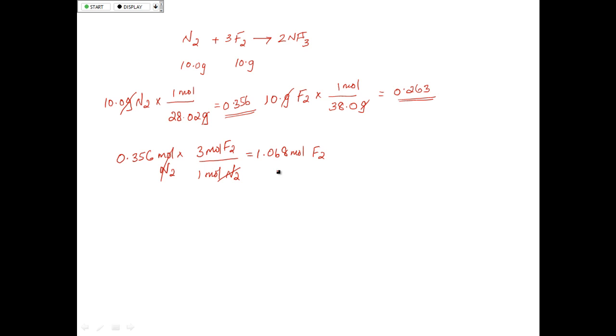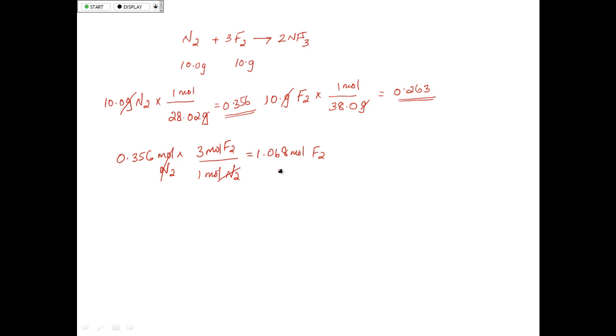This is the amount of fluorine you need to react with 0.356 moles of nitrogen. Now you compare this number with the number you actually have. You have 0.263 moles of fluorine. What you need is 1.068 moles of fluorine. So, what is the limiting reactant?